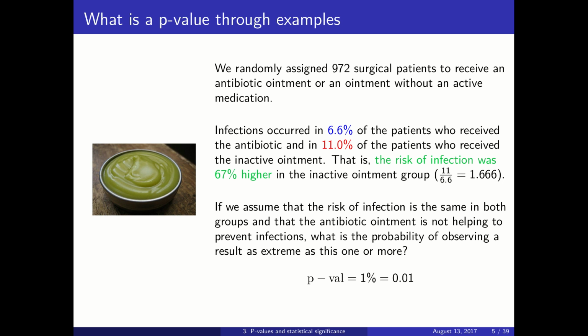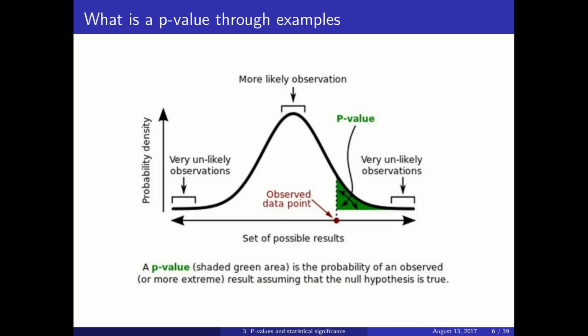What is the probability of observing, if the null hypothesis is true, that is, if there is no difference between the two ointments, a ratio between these two probabilities that is at least as extreme as 1.66? And this p-value is 1%. Then again, it is our turn to decide whether we reject the null hypothesis or not, and typically with this 5% confidence level, we would reject it.